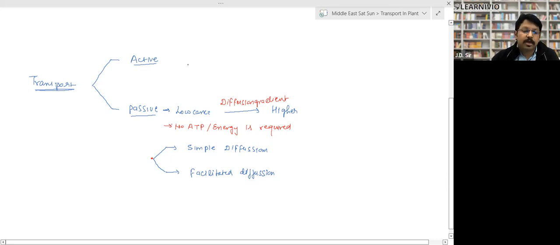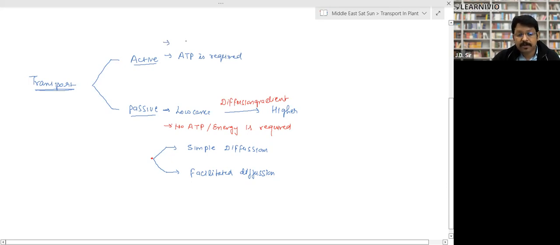We'll discuss that. But when we talk about active transport, what is active transport? In active transport, first thing, ATP is required. And what is the second thing?